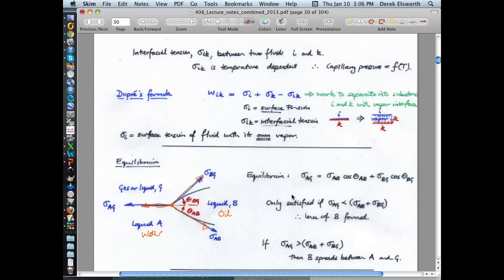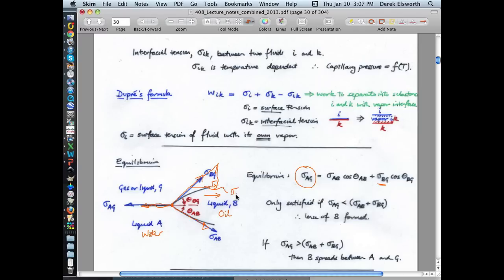And so I don't think we need to belabor the point, but you can take this and you could do a free body. You can resolve forces in the x direction, and of course the forces in the x direction acting to your left is this magnitude here, the force acting to the left. And the forces acting to the right are due to the interface between the gas and the liquid, which is this one here, multiplied by this value here, right?